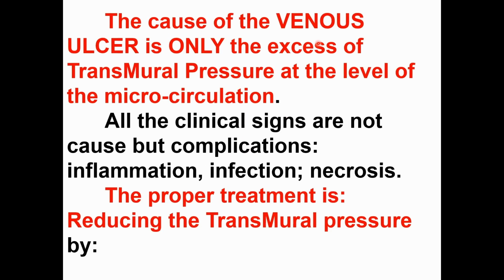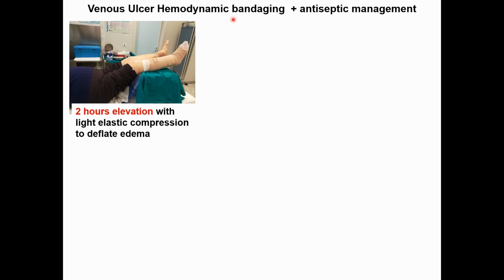The cause of the venous ulcer is only the excess of transmural pressure at the level of the microcirculation. All the clinical signs are not cause but complications: inflammation, infection, necrosis. The proper treatment is reducing the transmural pressure by association of hemodynamic bandaging and antiseptic management. Hemodynamic is first of all 2 hours elevation with light elastic compression to deflate edema.